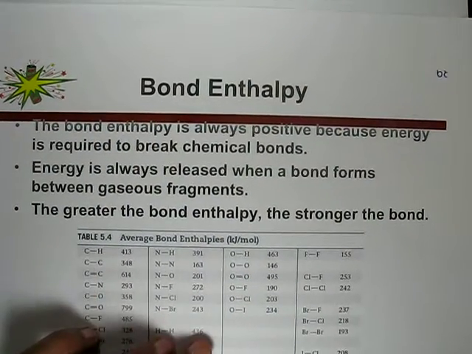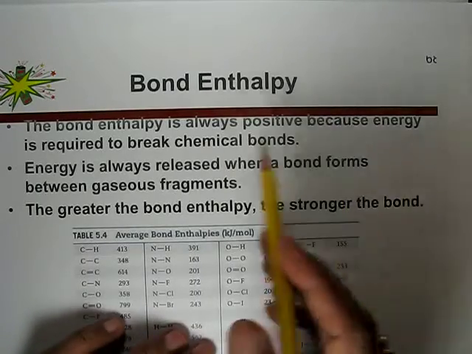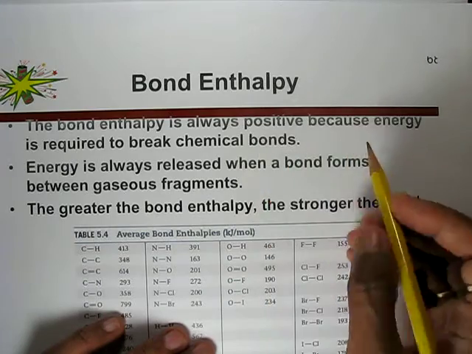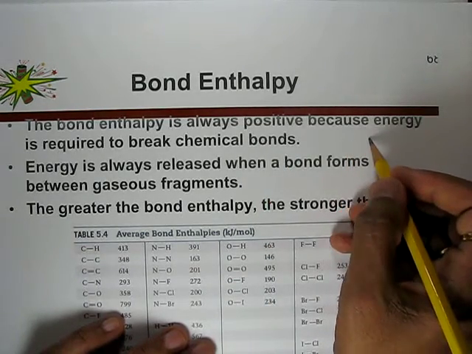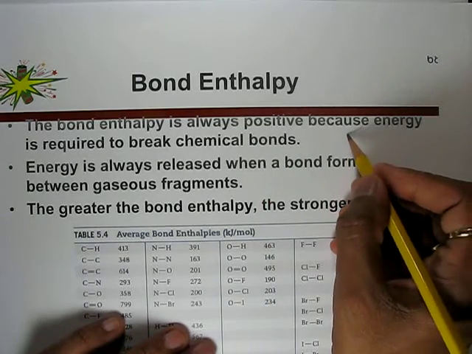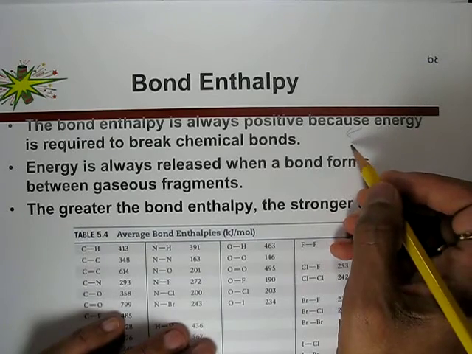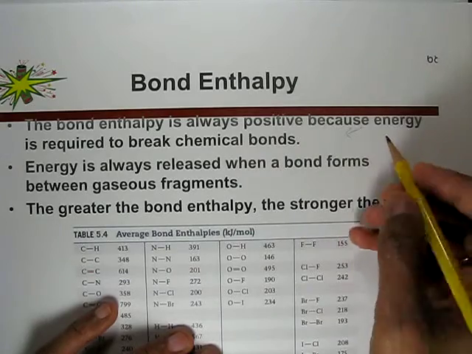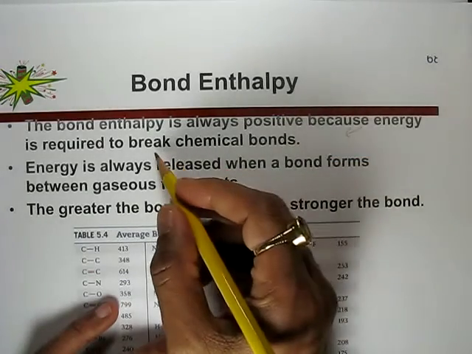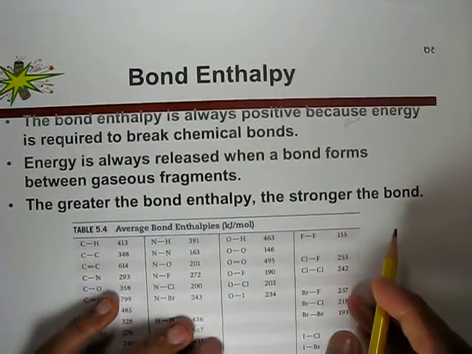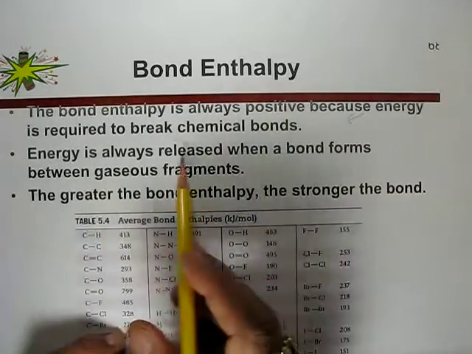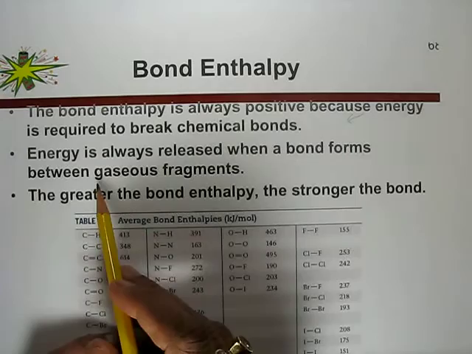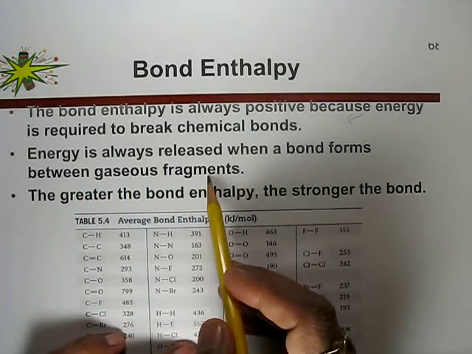The bond enthalpy is always positive because energy is required to break the chemical bond. So basically you are giving energy to the system, so the final energy will be higher than the initial energy. That is why the bond enthalpy will be positive, and energy is always released when a bond forms between gaseous fragments.